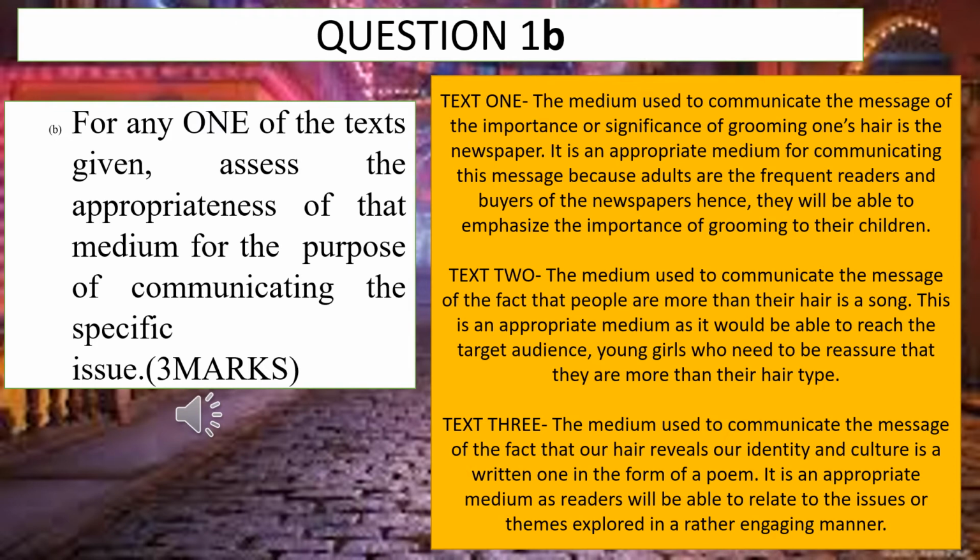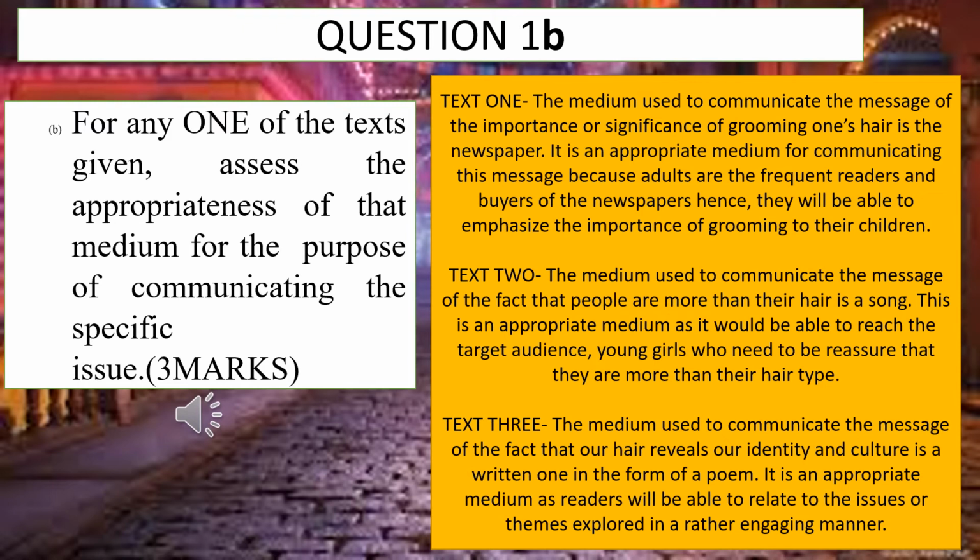We can communicate through a verbal or non-verbal medium or a written medium, and of course, there are various types of written medium. So let us look at this question again. For any one of the texts given, text 1, text 2, or text 3, assess the appropriateness, and by that we mean the suitability, of that medium for the purpose of communicating the specific issue.